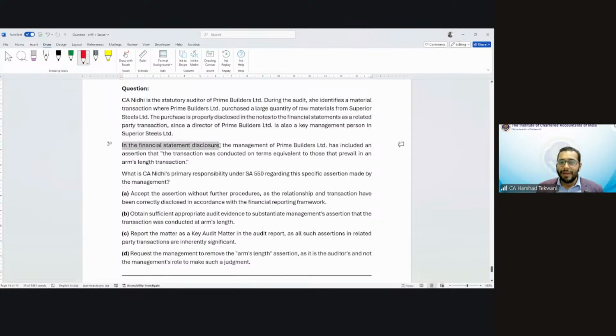In the financial statement disclosure, the management of Prime Builders has included an assertion that the transactions were conducted on terms equivalent to those prevailing in an arm's length transaction. What is CA Nidhi's prime responsibility under SA 550 regarding the specific assertion made by the management? So, read the question, take a minute, and then try to answer.